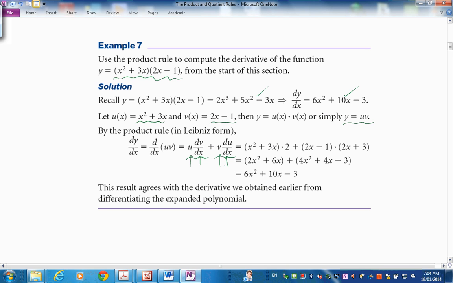It's just that it is valuable to actually think of that in a different order because we're going to be doing a quotient rule shortly, and they look similar if you do it in that other order. That is, the first one unchanged. So let's just follow through this example for the moment. So we're leaving the first one unchanged. Derivative of the second up here is 2, and then the second one unchanged, and the derivative of the first, which is u dash of x, which is 2x plus 3.